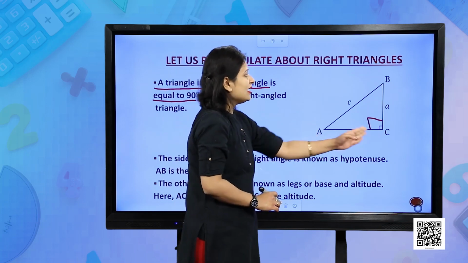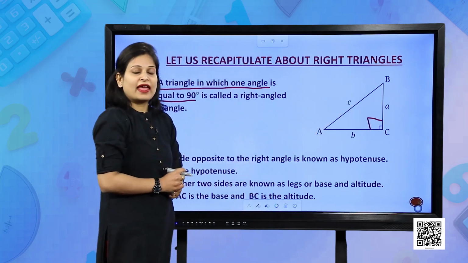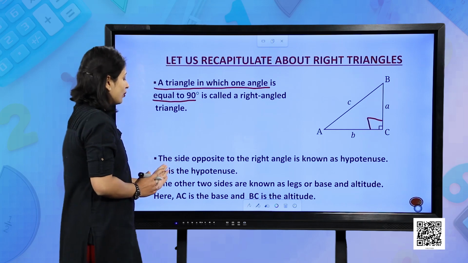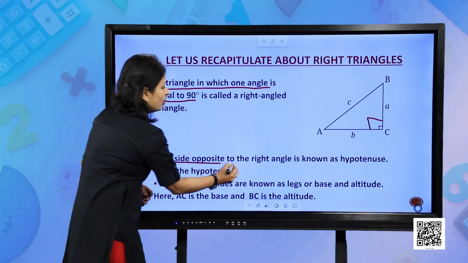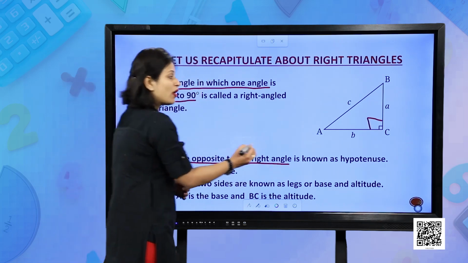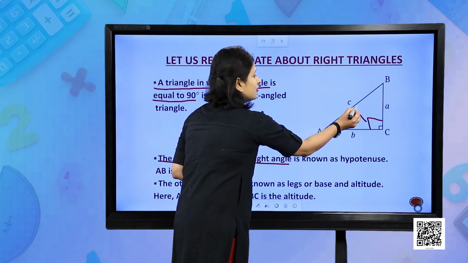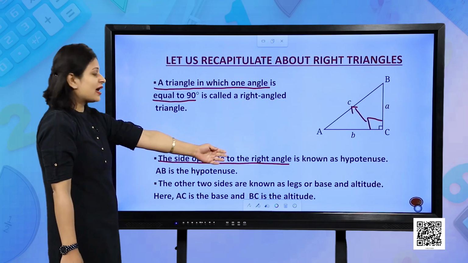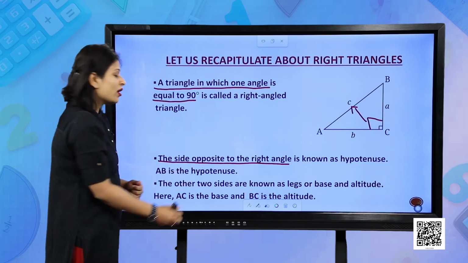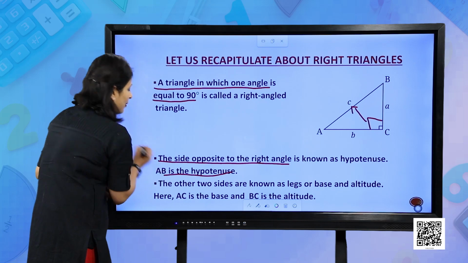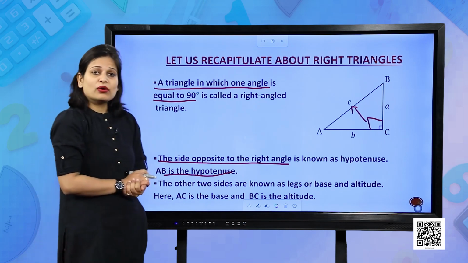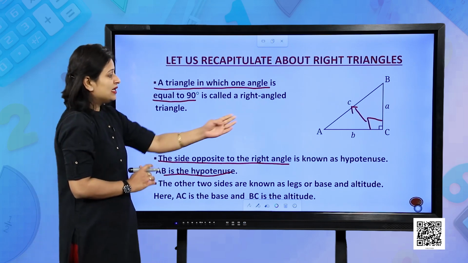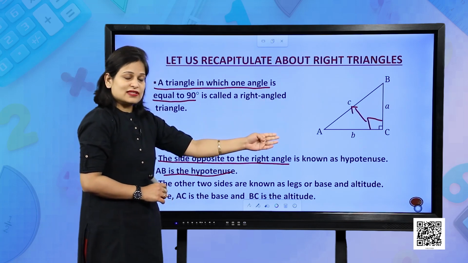So, triangle ACB is a right angle triangle. Now, the side opposite to the right angle, means what? Side AB. So, what is the side AB called? It is called the hypotenuse. Now, what about other two sides? Means the side BC and AC.